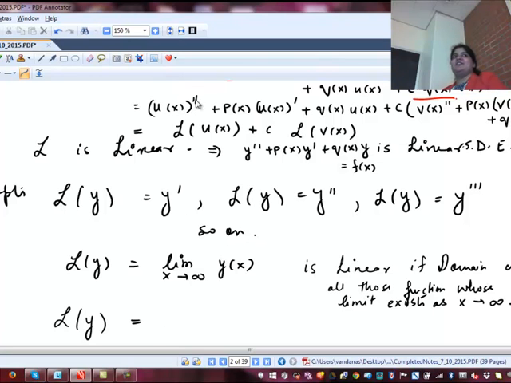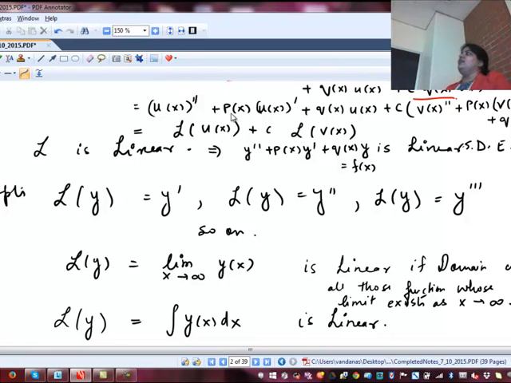Is there something which is similar to derivative? Integration. Integral. If I have a function and I integrate it, and if I add u plus c times v(x) and integrate it, the integral of u, plus c we can take out, times the integral of v. Right? So this is also linear. So integrals are also linear.